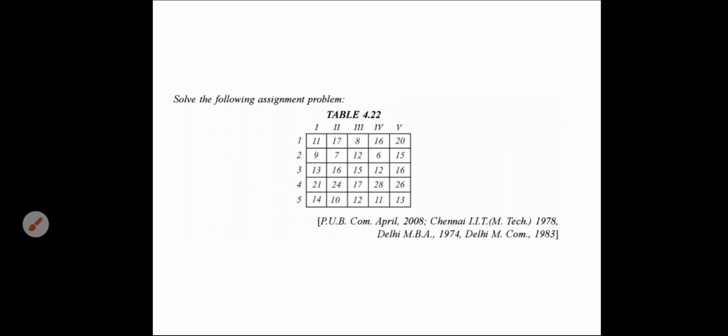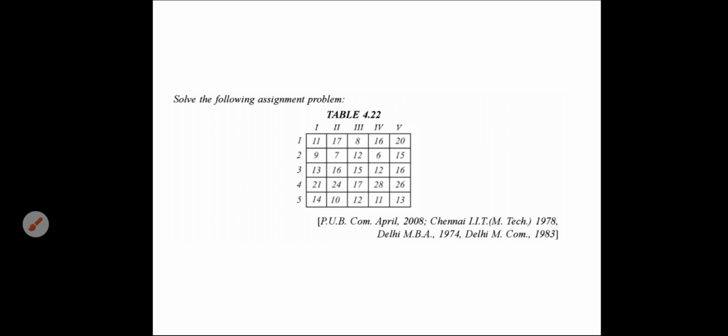In the first row 8 is the minimum, so subtract 8 from all other elements in that same row. 11 minus 8, 17 minus 8, 8 minus 8, 16 minus 8 and 20 minus 8. Similarly in the second row 6 is minimum: 9 minus 6, 7 minus 6, 12 minus 6, 6 minus 6 and 15 minus 6.